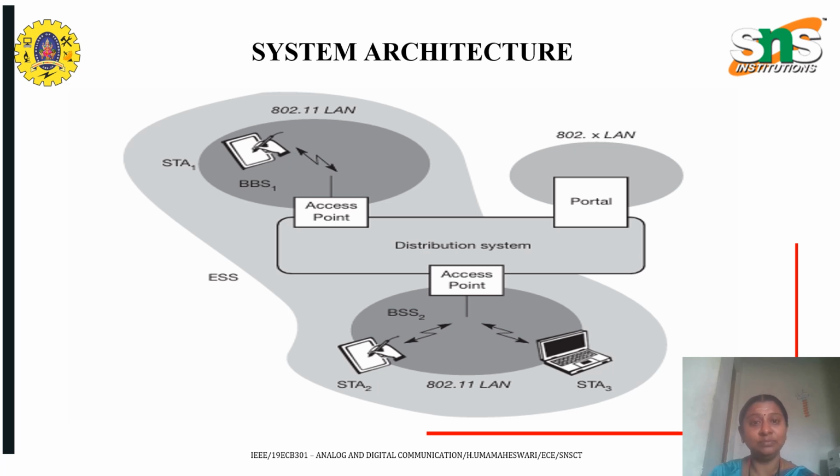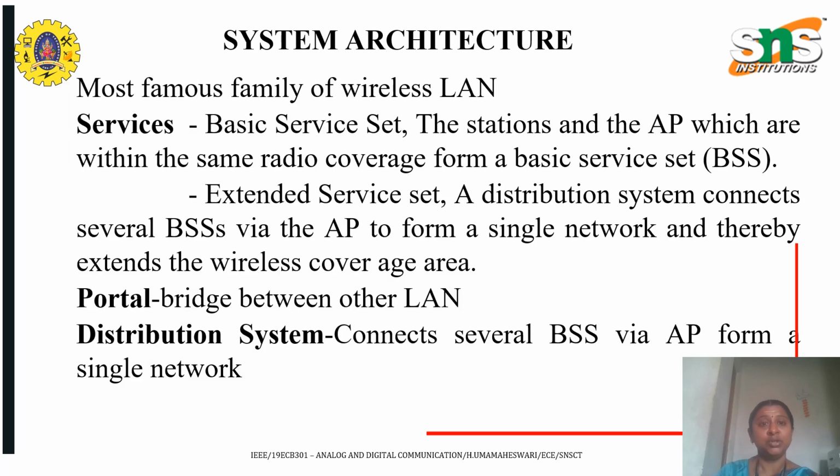The most famous family of wireless LAN has two services: one is the basic service set, another one is the extended service set. The stations and access points which are within the same radio coverage form a basic service set.